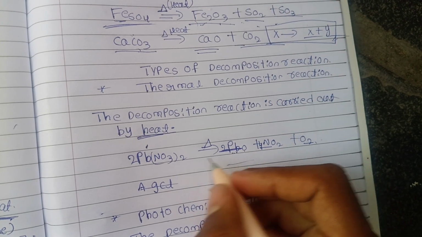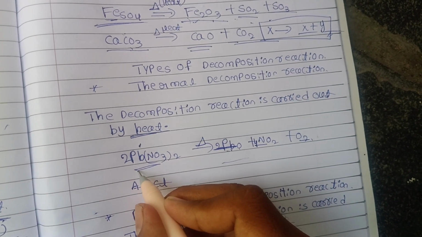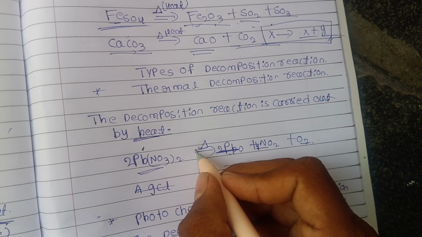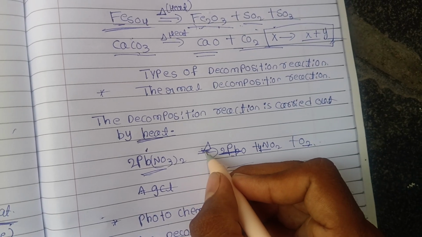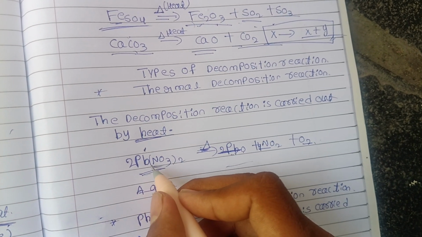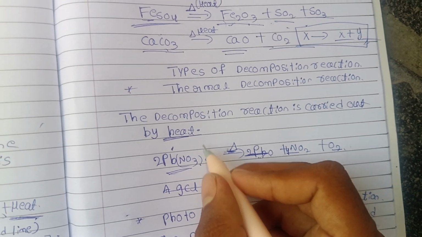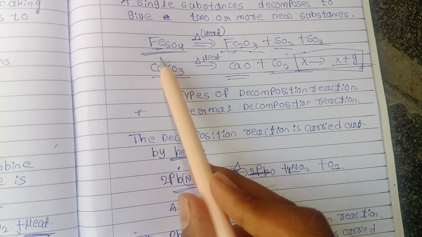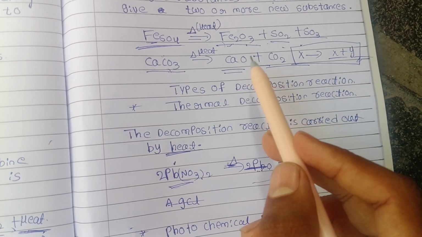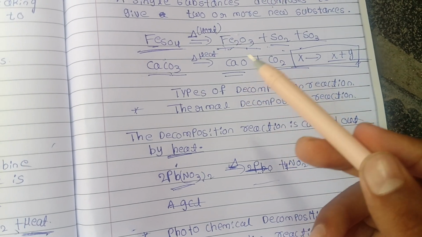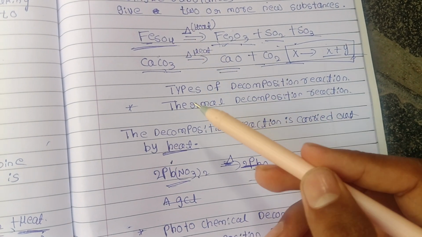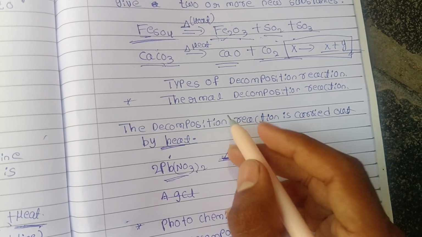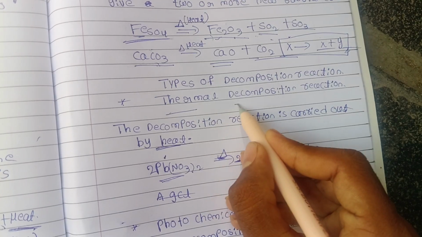So these are the products. When lead nitrate is heated, heat is the energy requirement, the source to break down the lead nitrate. And the above examples, ferrous sulfate and calcium carbonate, are also heated to form their respective products. So these are also examples of thermal decomposition reaction. You can remember thermal decomposition reaction.